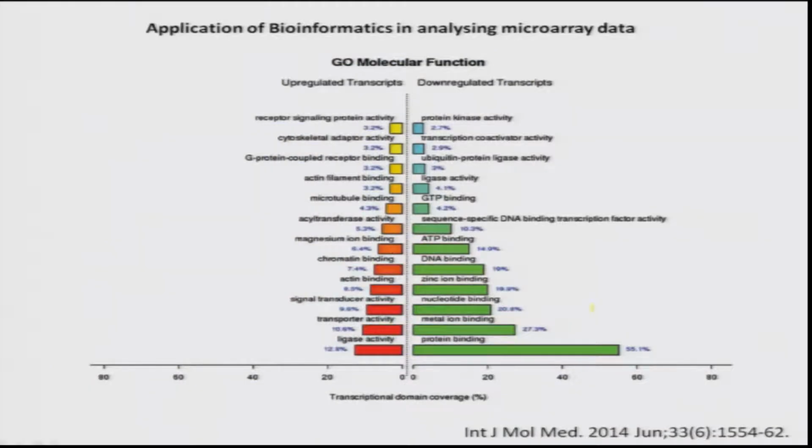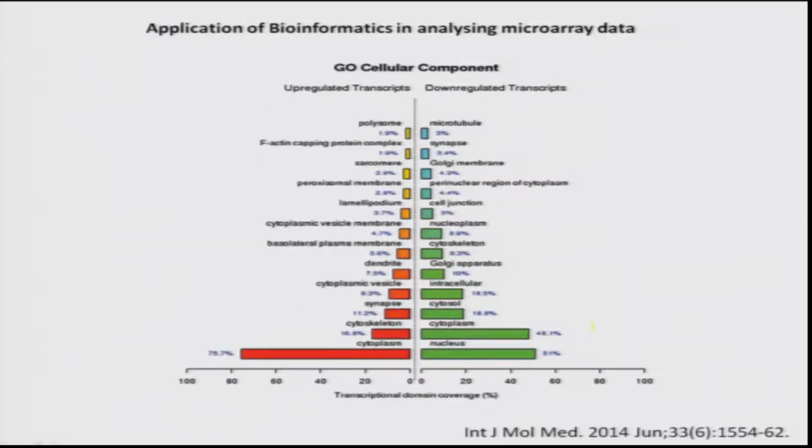Molecular function, again this is a second sub theme. Then you see that some are kinase activity, some are transcription factor, ligase activity, GTP binding, DNA binding and so on. This is the specific function of the protein, but the pathway could be different, but we are looking at the specific function. Or you can go at the level of the cell as to where it is located.